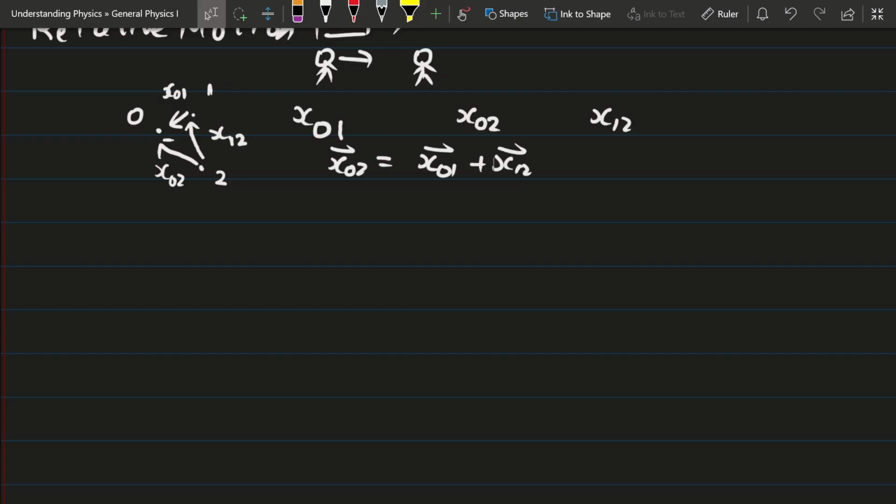But now we want to think about what about its velocity. Well, we can actually figure this out.